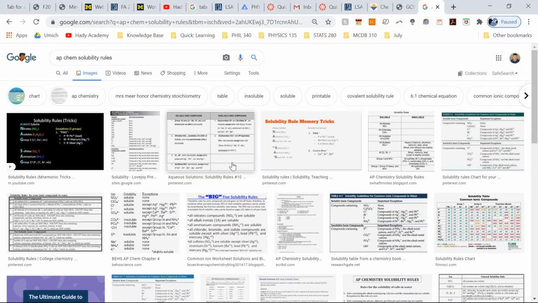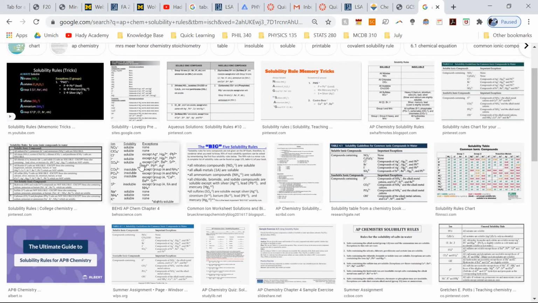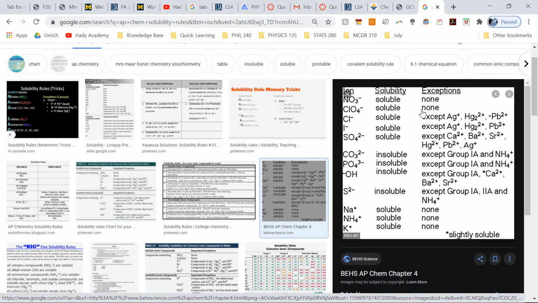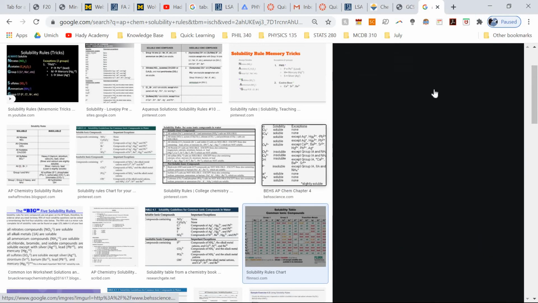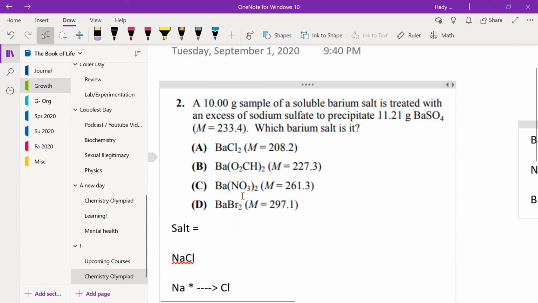Yeah, I think these are called solubility rules. This is okay, I guess. I don't expect them to be wrong. This one looks fine, actually. Yeah, NO3 is always soluble. So that's why I was thinking probably the NO3 one, because it's always soluble.